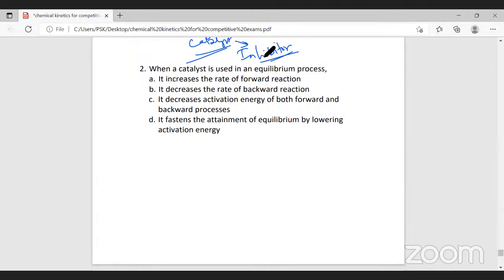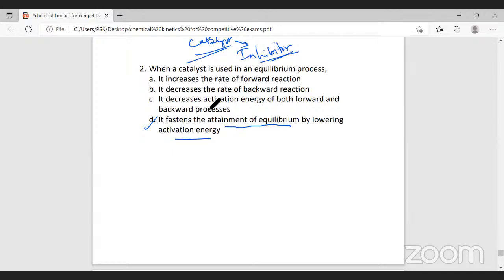When I was talking about a catalyst, I took the example KClO3. It's only a forward reaction, not a backward reaction. So there is no equilibrium for that reaction. Whenever we use a catalyst for a reversible reaction, wherein there is an equilibrium, the catalyst will help in the attainment of equilibrium by lowering the activation energy. So the answer is option D.